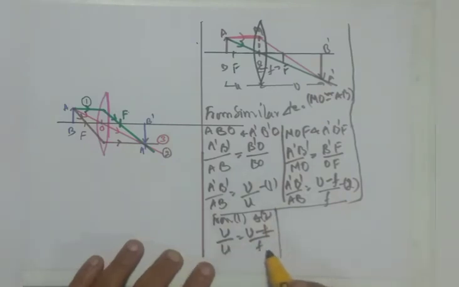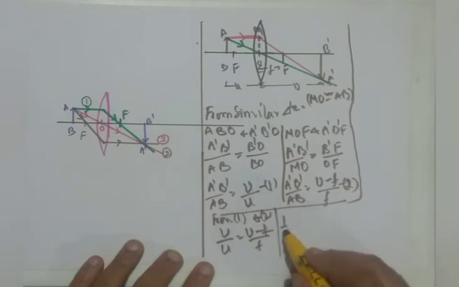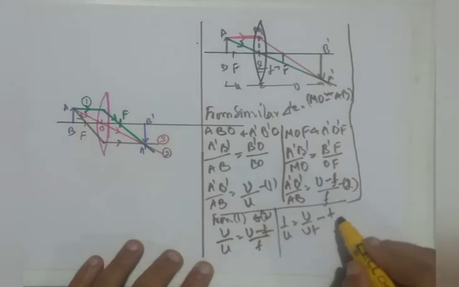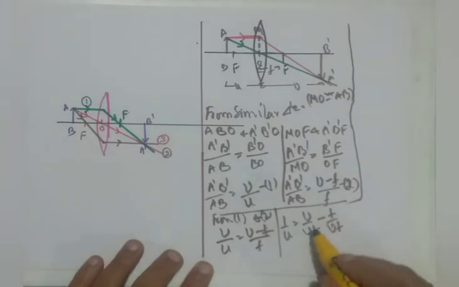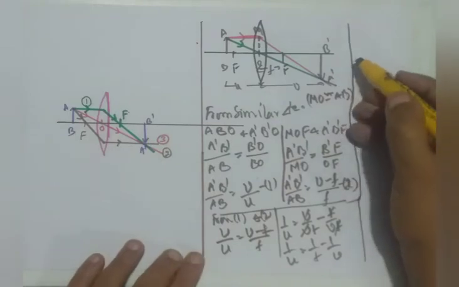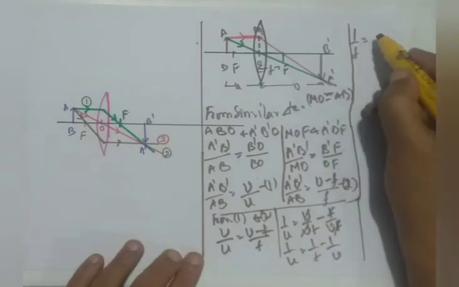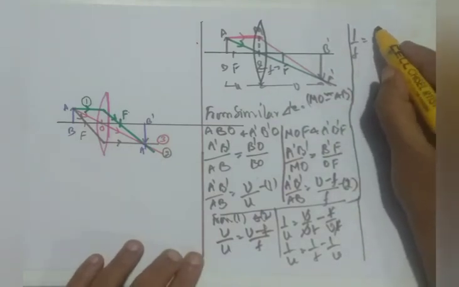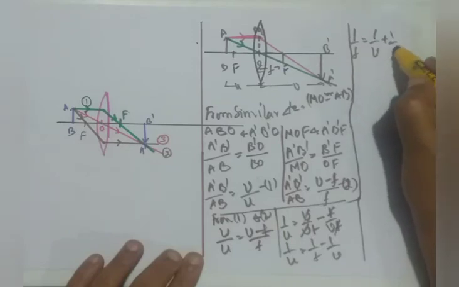I take this V onto this side, 1 by U equals V by VF minus F by VF, where I can cancel this. So 1 by U equals 1 by F minus 1 by V. After rearranging the terms, I get 1 by F equals 1 by V plus 1 by U.